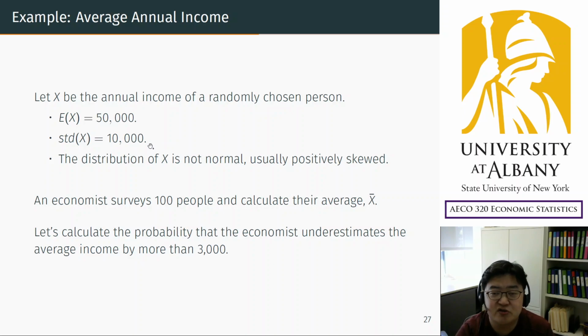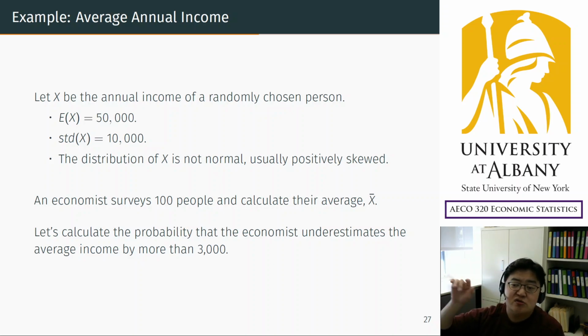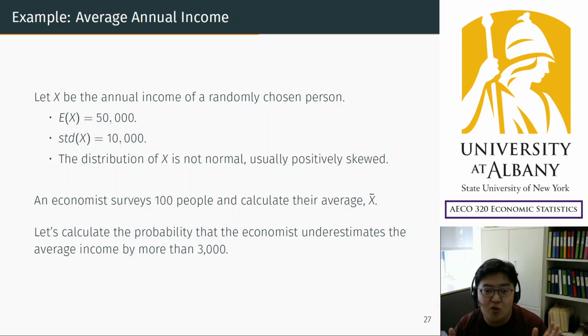Just suppose you know the true parameters. However, you know the mean and the variance, but the distribution of X is not normal. Usually the income distribution is skewed to the right, because there are super riches like Elon Musk, Bill Gates, Jeff Bezos. They make a thick tail usually in income distribution. So the distribution is not normal distribution, but we don't need to know what it is, as I said.